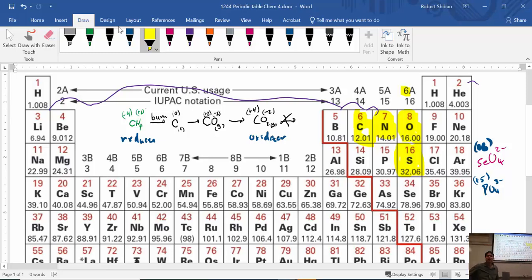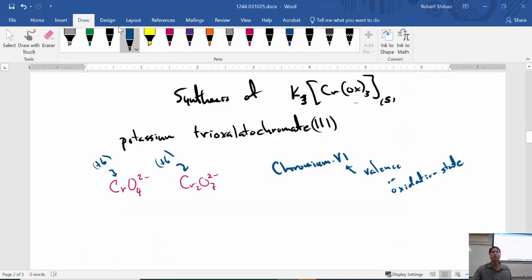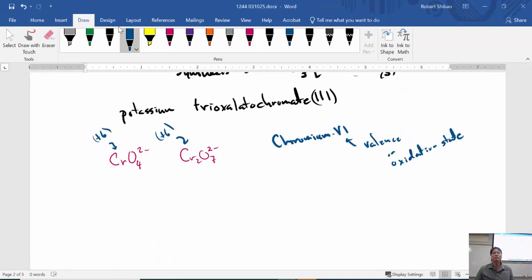Metals tend to lose electrons, not gain electrons. That's what happens with all the metals. And so that means this chromium is on the electron poor side of things. The richest it gets is 0, and the poorest it gets is plus 6.